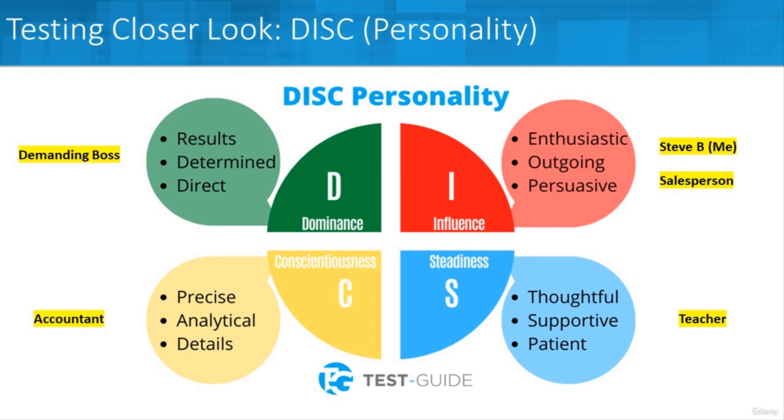An accountant might be more of that C, right? Think of those words, analytical, detail-oriented. You want accountants to be high in C. Supportive, patient, steadiness. A teacher could be like that. Now, this is not necessarily universal, but in general, if I was to hire a teacher, or a school district was, somebody who's really supportive of the students and patient might be really good.